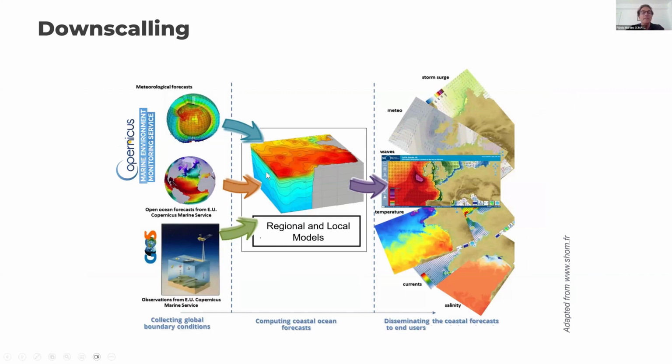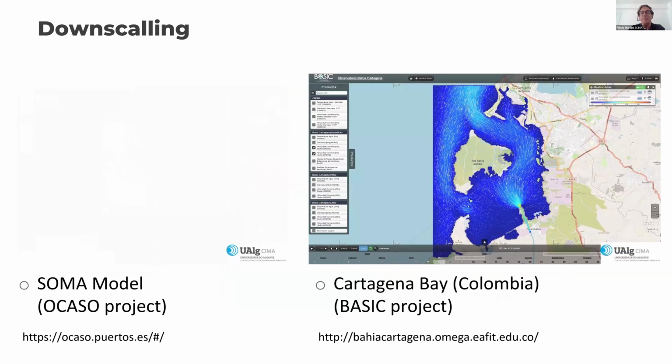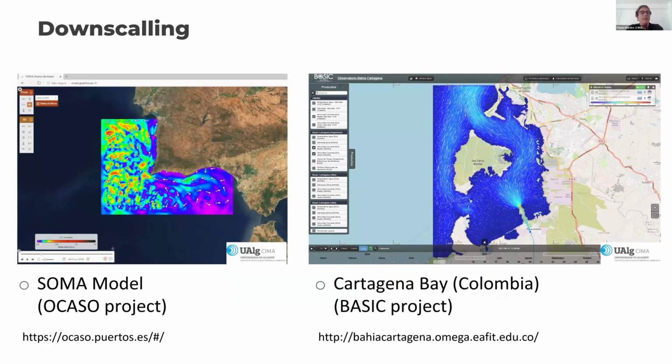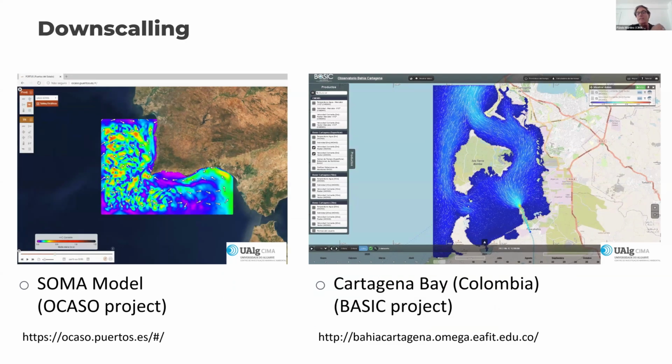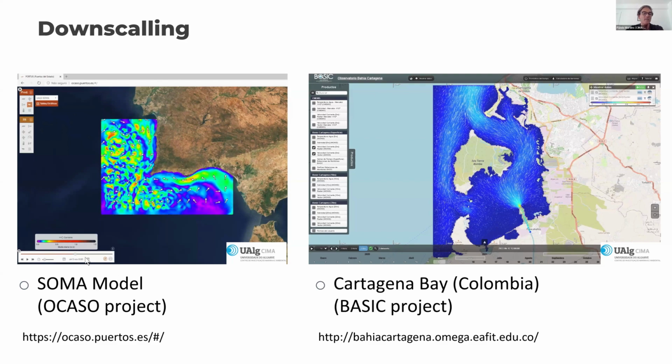In the downscaling process, you use the global models and observations to supply the initial and boundary conditions to your local model with a high resolution, okay? And then you use that local model to give products that are more useful to the communities around the coast, okay? So this is the basic idea, the concept of downscaling, okay? I'm just showing you very briefly two different cases that we are running at the University of Algarve. One is the SOMA system.